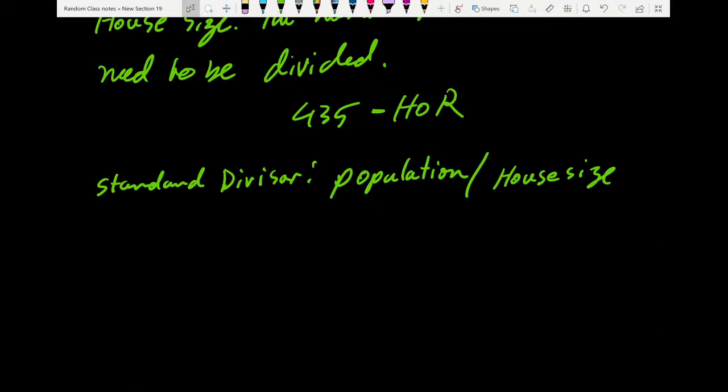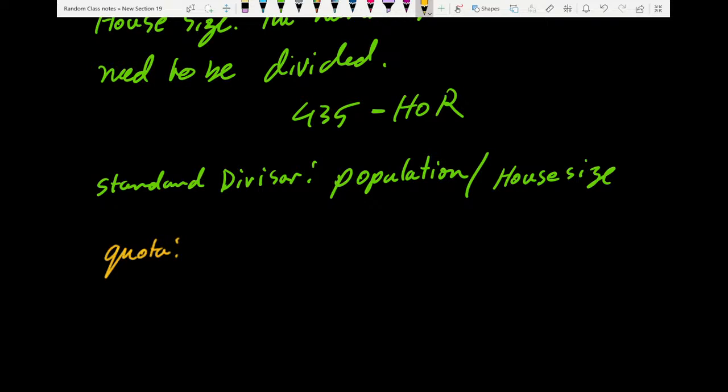Now, in some scenarios they give you a quota. That means a designated portion of the population. So we say that 40,000 will represent one county assessor. So if a city has 120,000 population, then it will have three assessors.